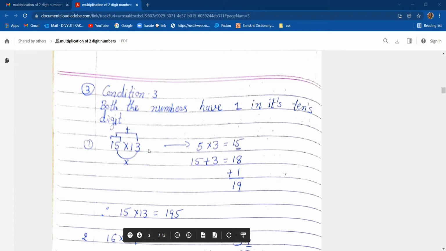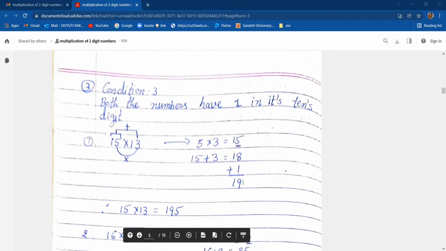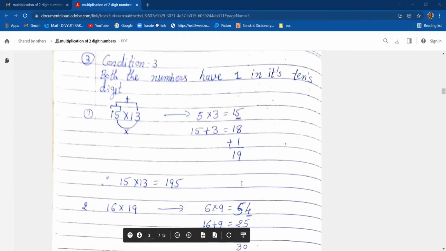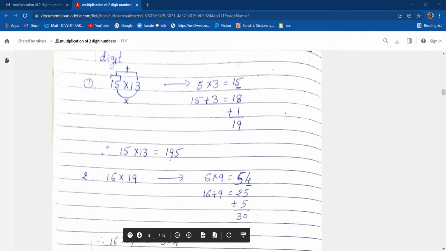So 15 plus 3 will give you 18, right? Now 18 is not the answer. We have the carry 1 that you will add here, and we will get 19. So the final answer is 195. So 15 into 13 will give you 195.